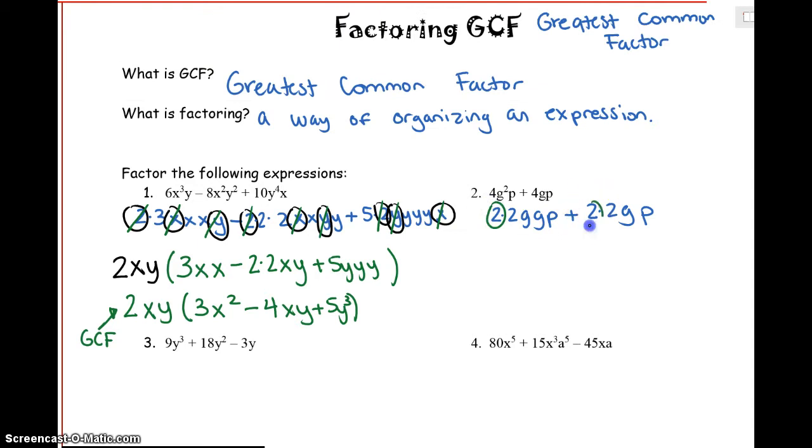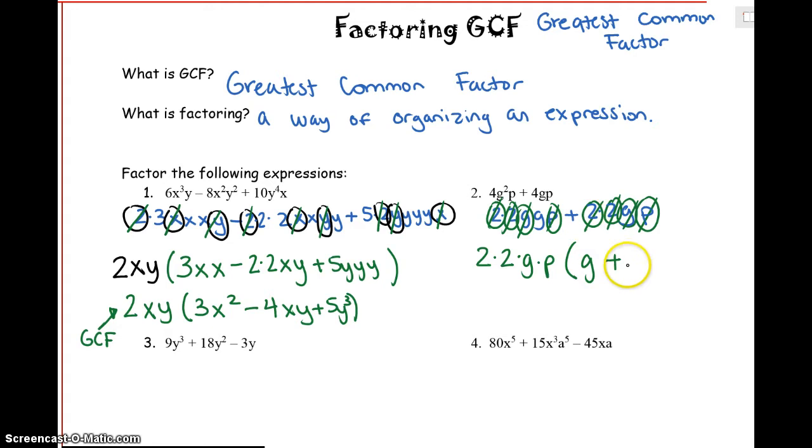So a 2 comes out, another 2 comes out. A g and a g, so 1 g comes out. A p and a p, so 1 p comes out. And what I'm left with is a g plus nothing.